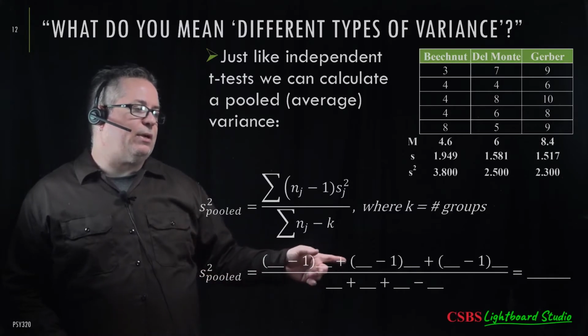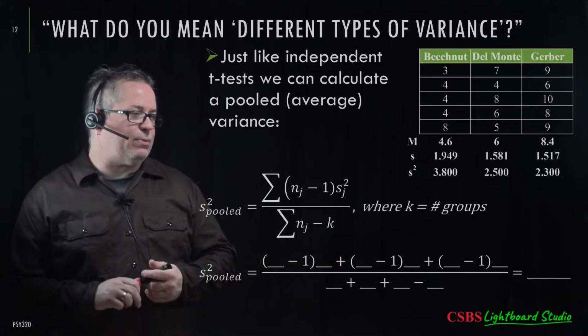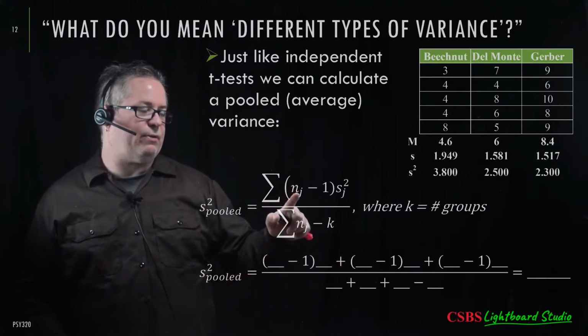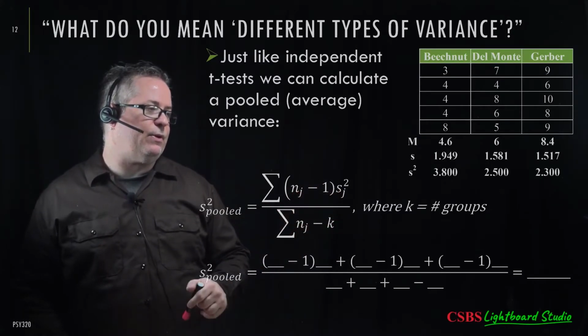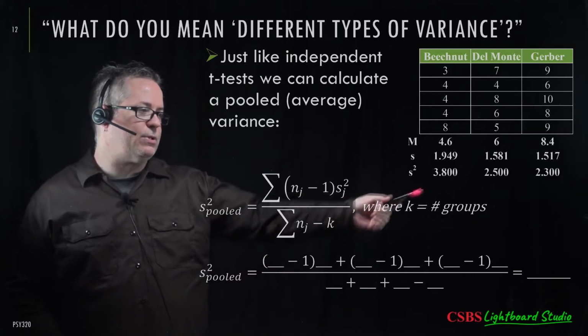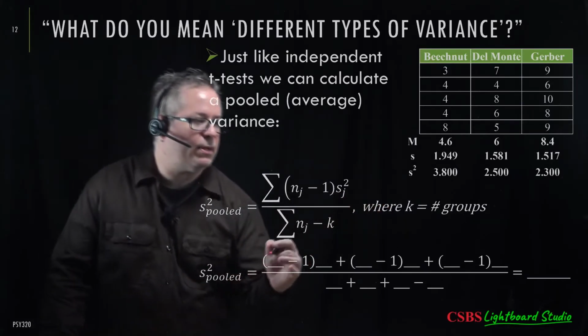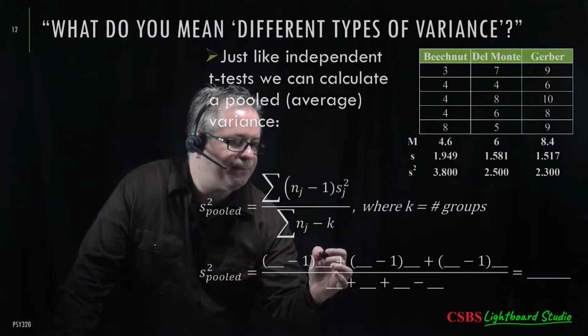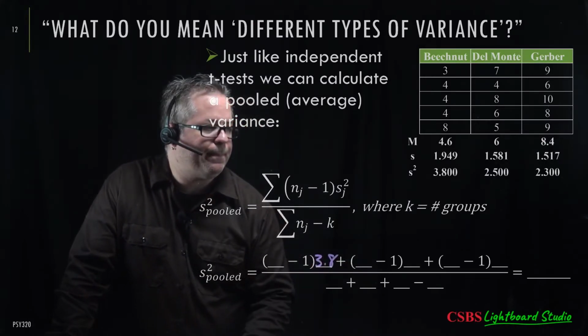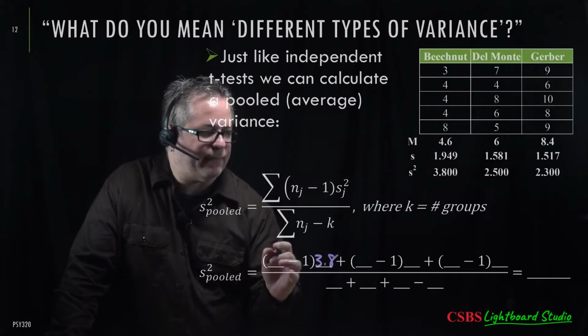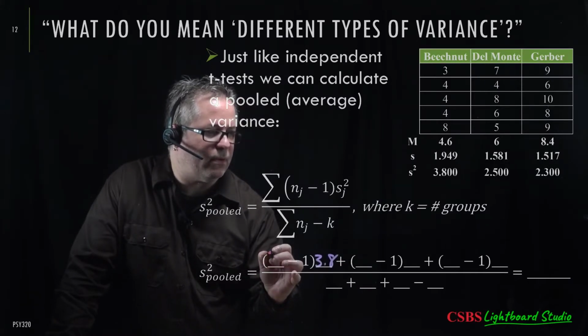So what does that look like when we start doing this for this particular sample? I need to take each of the degrees of freedom times the variance for that group. The first group, the variance is 3.8. So I can plug that in here, 3.8, like that. And they all have 5, so we really could simplify this down, but let's just do it the long way.